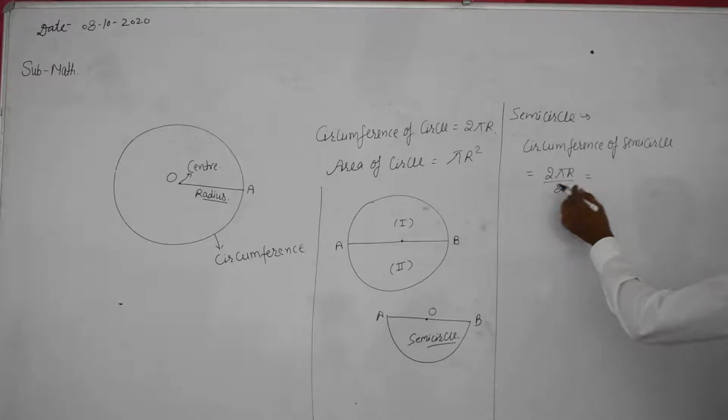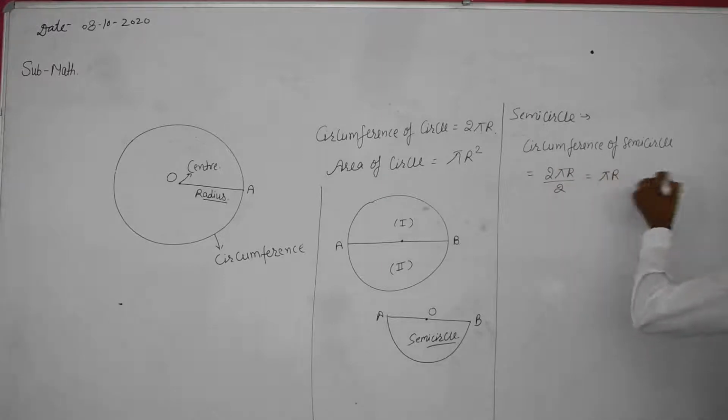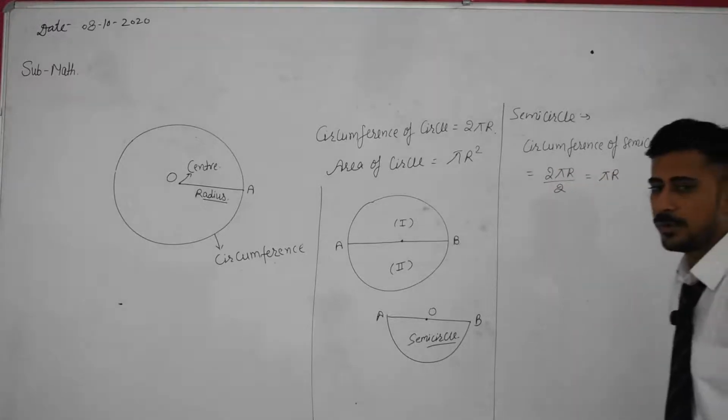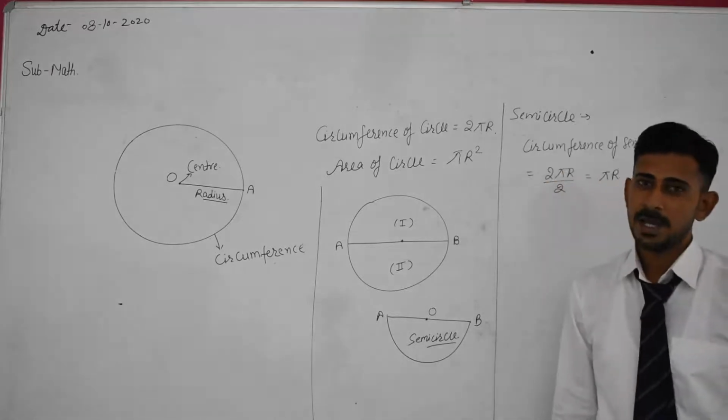It means 2 pi r upon 2, so the value is equal to pi r. Then the formula for the circumference of a semicircle is pi r.